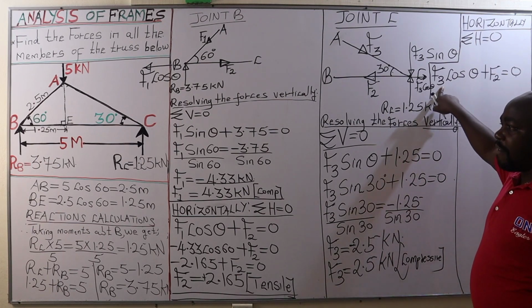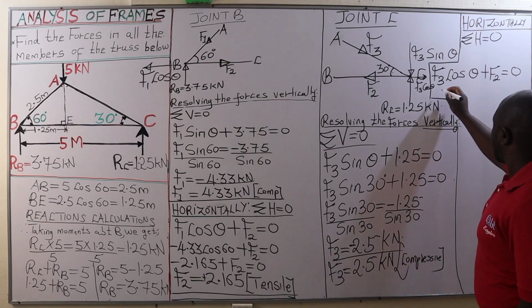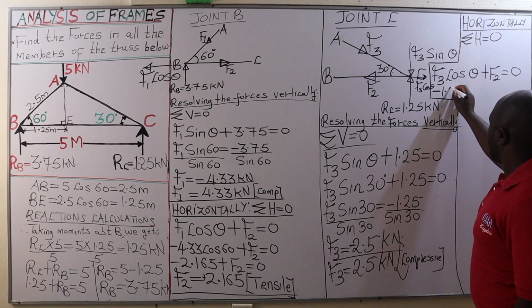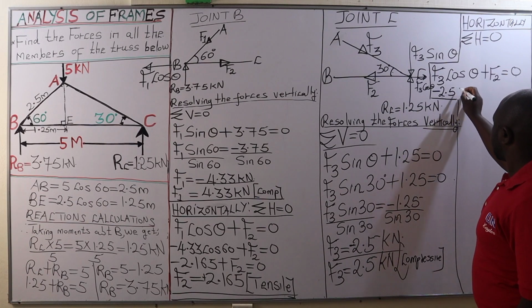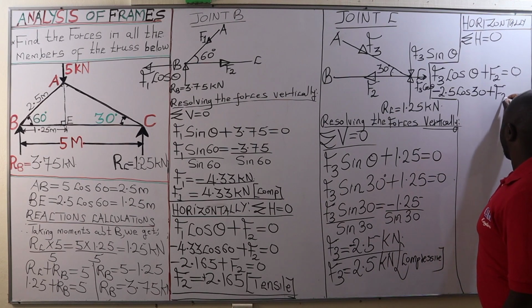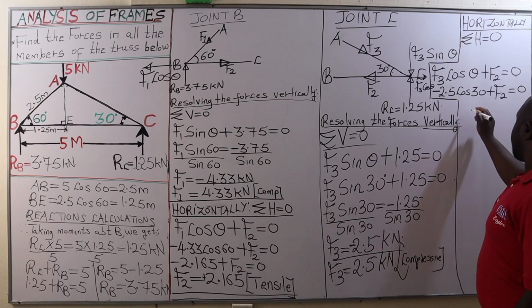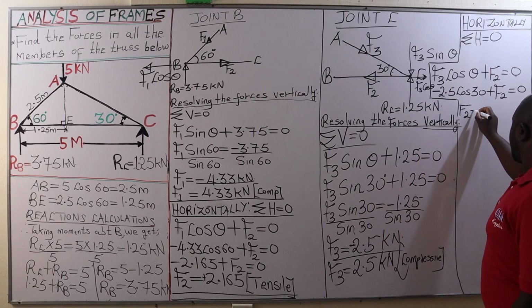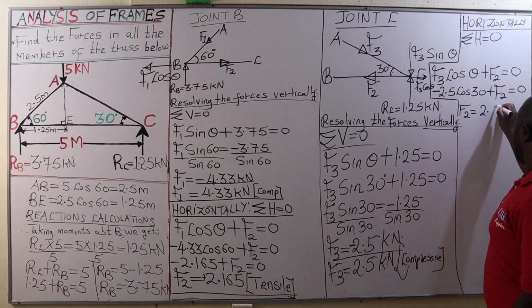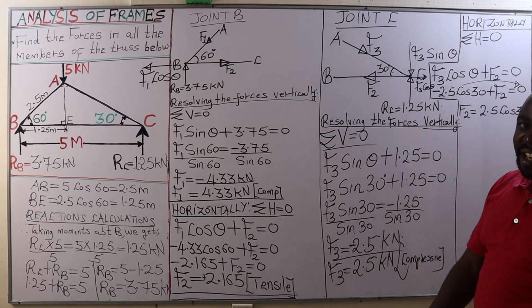Now we got the value of F3, which is negative 2.5 kilonewtons. Therefore we substitute it here, negative 2.5 cos theta plus F2, that we don't know, is equal to 0. F2 will be equal to 2.5 cos theta, taking 2.5 cos theta to the other side of the equal sign.